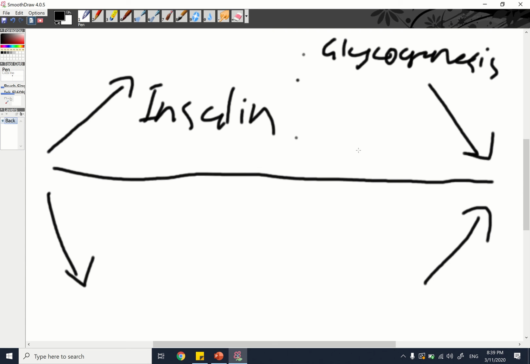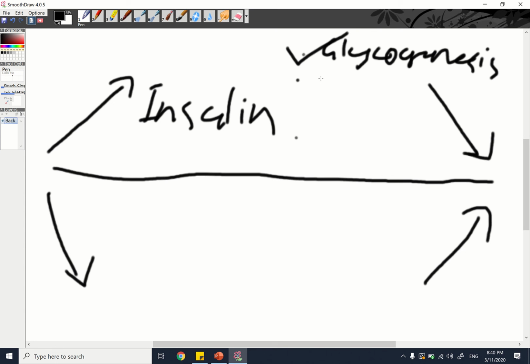It's stored in the liver and muscles. Our body is fine with dealing with that. But when there is a lot of glucose in our blood, our body doesn't want that. So to reduce the amount of glucose, the body converts the glucose to glycogen, which the body is fine to deal with. So what happens when there's too much sugar? Glycogenesis is promoted. So this process happens. Thus it gets a tick.